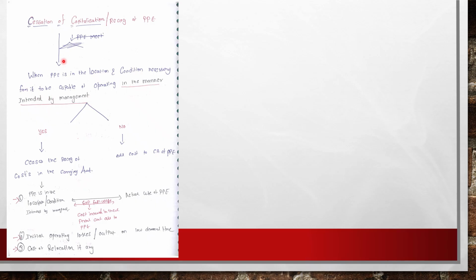If this condition is satisfied, yes, cease the recognition of costs in the carrying amount. Until that date, you should track all your labor cost and overheads and add those costs to the carrying value of the PPE. If the PPE is in the location intended by the management but there is a gap before the actual date of usage, the cost incurred in this gap cannot be added to the PPE.